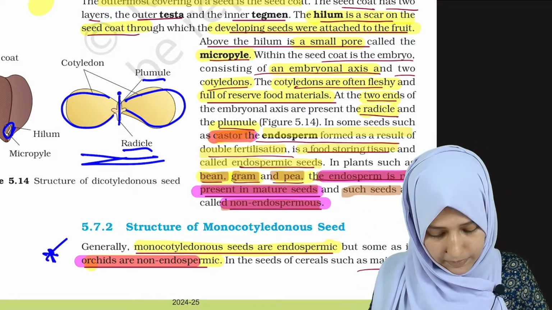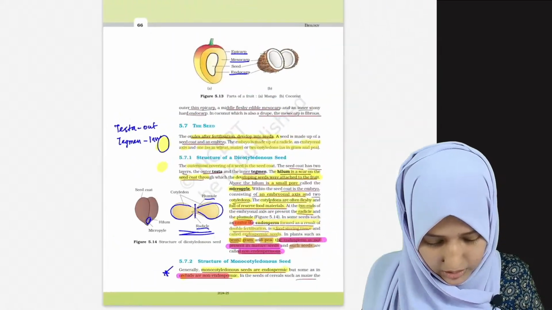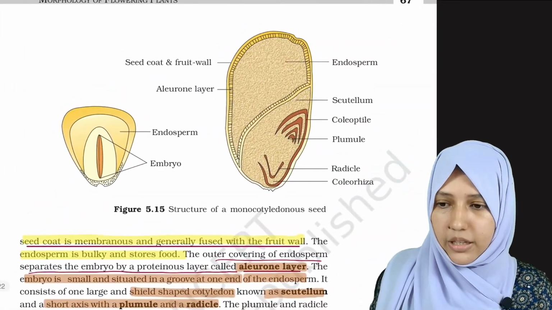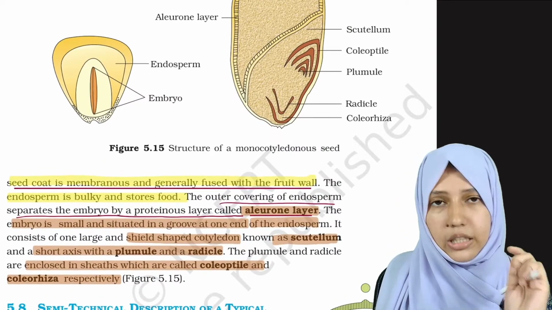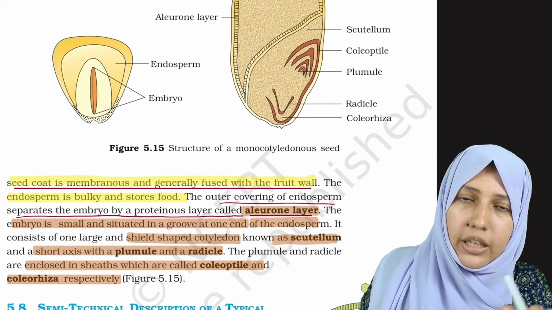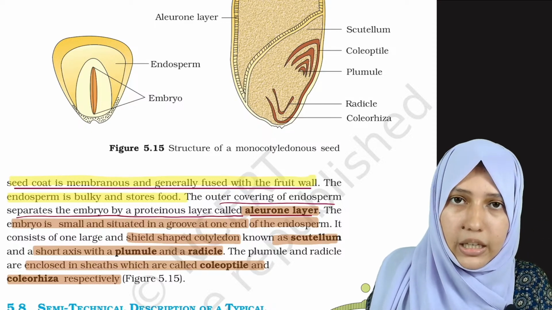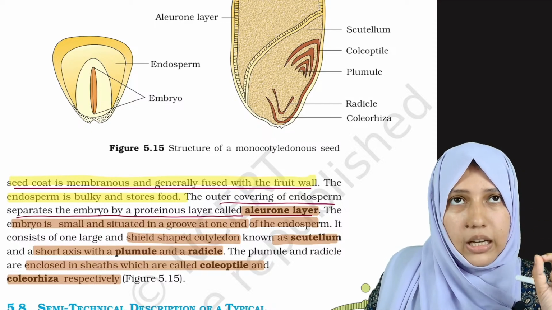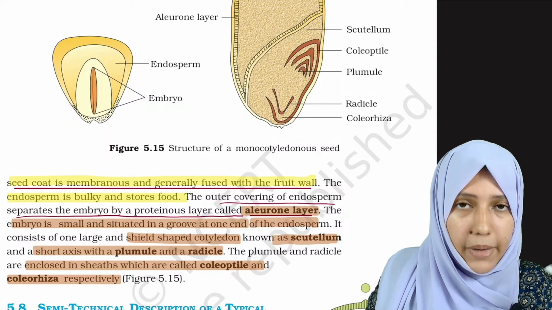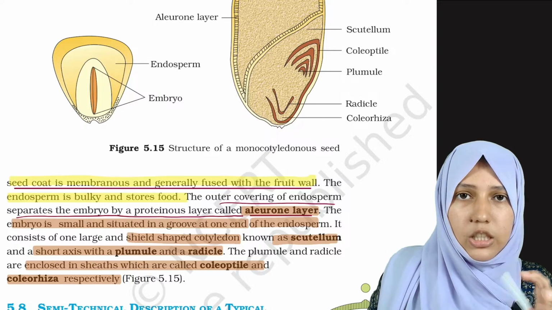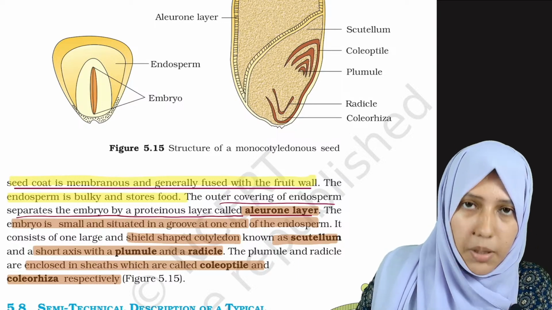In seeds such as maize, there will be a seed coat. As we discussed in dicots, the seed coat has 2 parts, outer testa and inner tegmen. But in monocots, seeds like that of maize have a membranous seed coat, which means it is not so hard, it is just like a membrane.